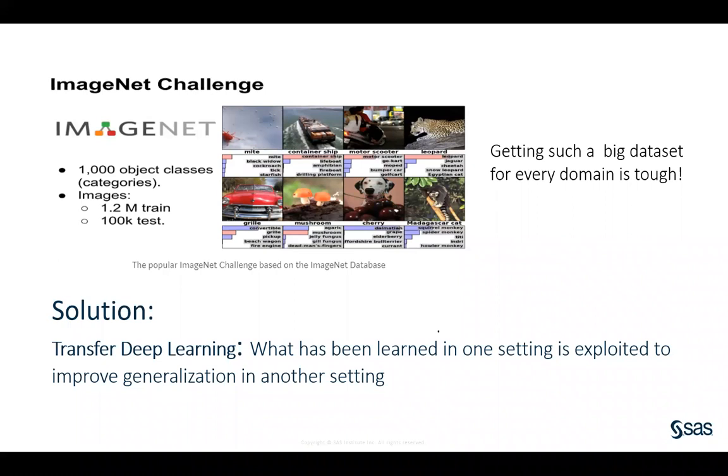I'm not going to go into the details because I don't have much time, but in SAS Viya Visual Data Mining and Machine Learning, we have pre-trained models that can enable you to solve problems even if you don't have a large amount of labeled data.